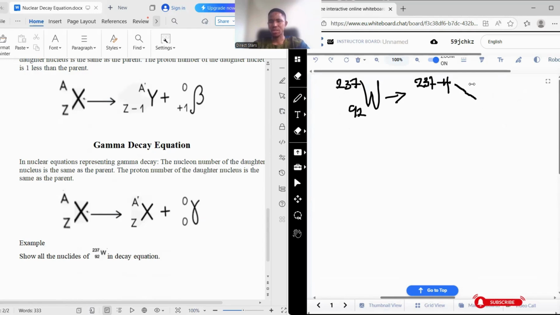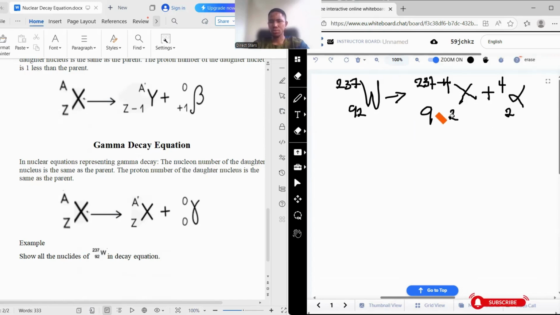Then we have X as the daughter nucleus, and this will be 92 minus 2, plus alpha 4, 2. So 92 minus 2 is 90, and 237 minus 4 is 233. So we have 233 here, and 90 here. So that is alpha decay.